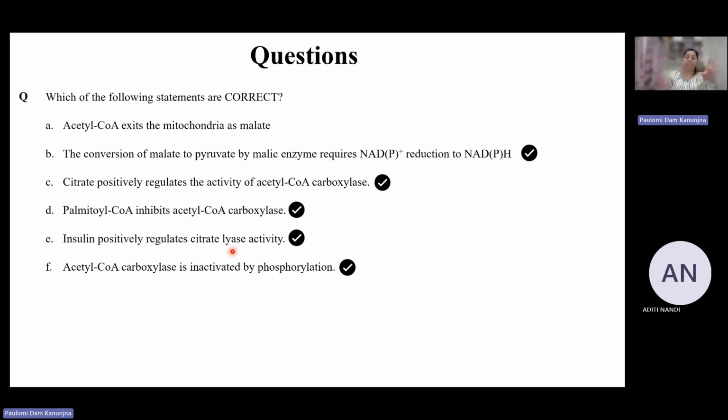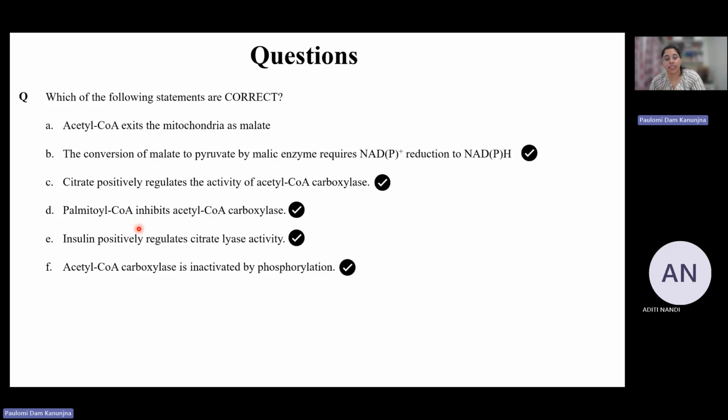So the cycle is: acetyl coenzyme A and oxaloacetate come together to form citrate, and then this moves out of the mitochondria to the cytosol. In the cytosol, you have the enzyme citrate lyase, which cleaves the citrate again and gives you acetyl coenzyme A back. So that's the cycle. It's not malate, but rather citrate. With that, this statement is correct.